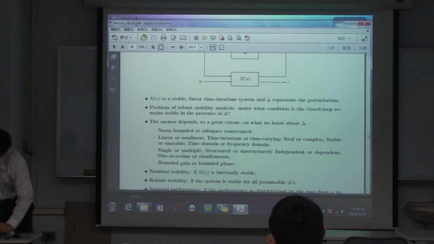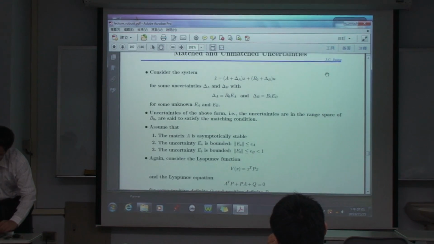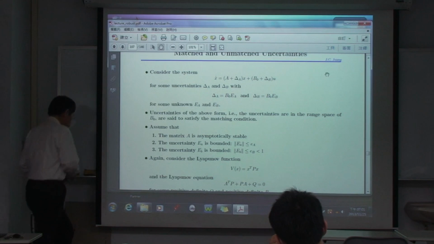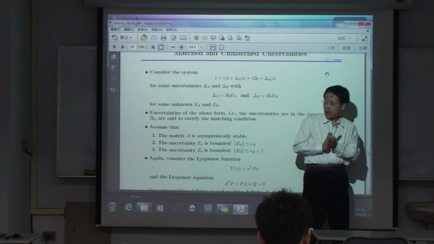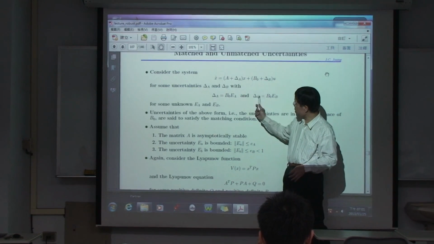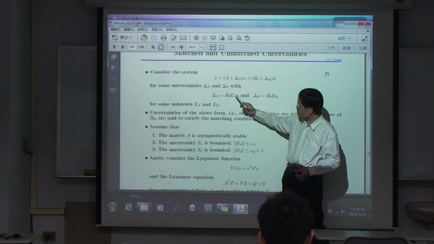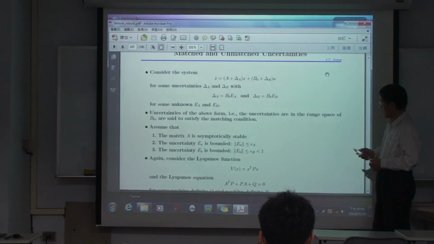And this is an example of what we call a subspace constraint. That means this particular uncertainty, delta A and delta B, has to be in the range space of B0. Although EA and EB are not known to me, it is said to be in the range space of B0.